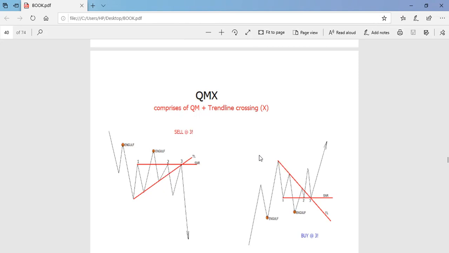Highly probable, right? So we still go to explore it more.